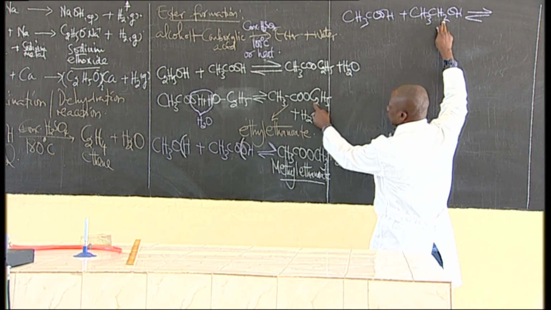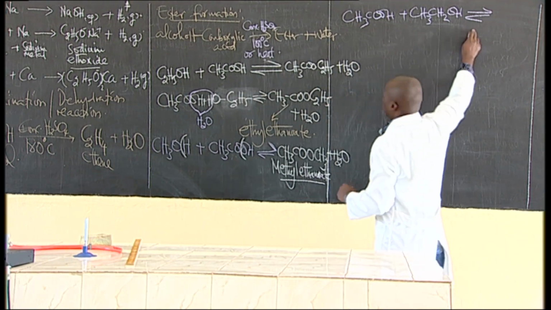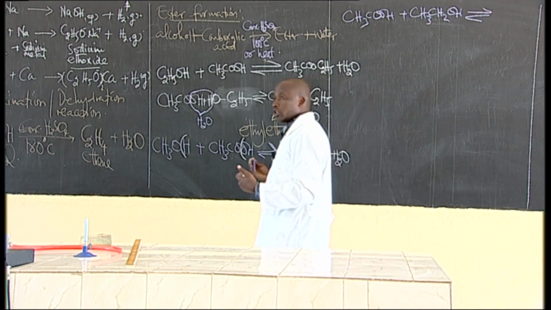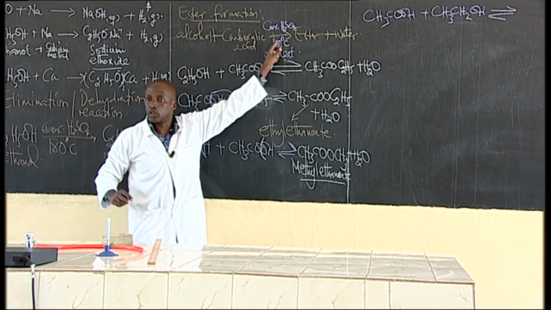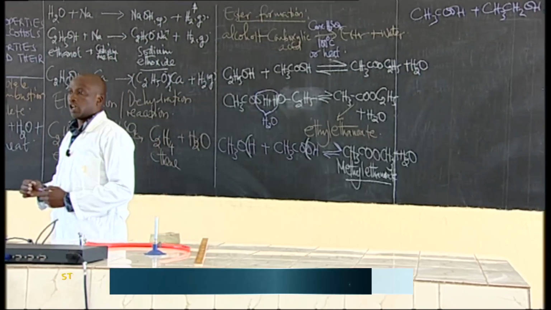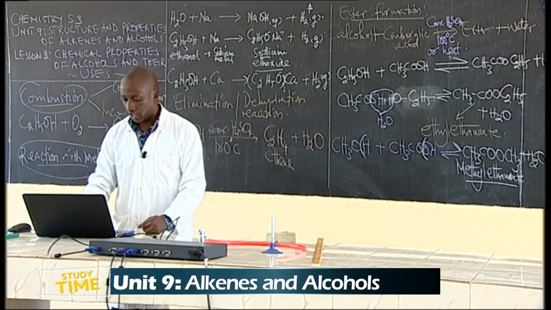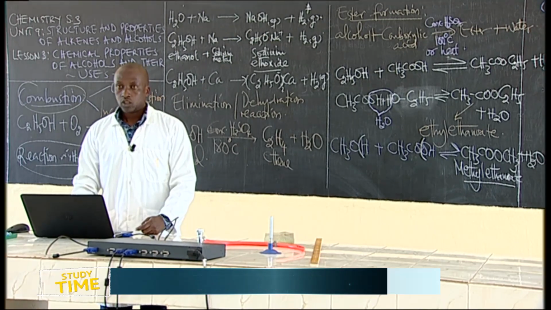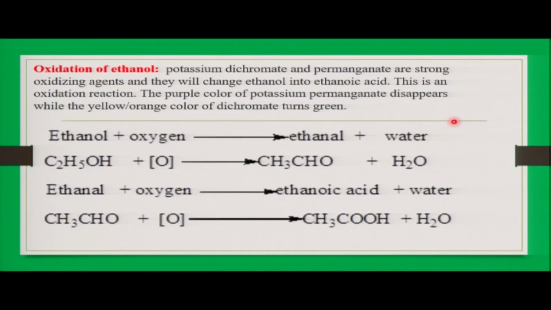So instead of having C2H5, we can as well have this one. Remember, the conditions are the same. Even if I don't put them here, remember these conditions of temperature and the concentrated acid. So another reaction that we need to discuss under the alcohols is oxidation reaction.